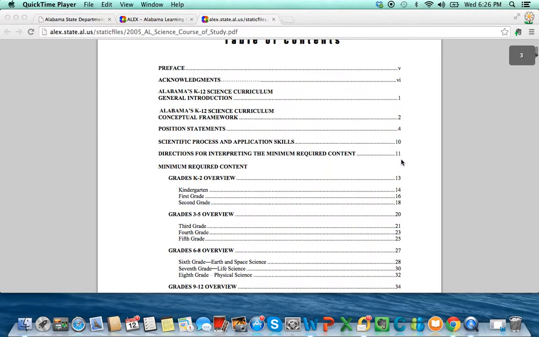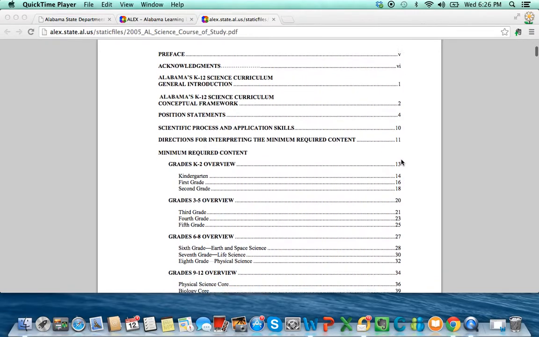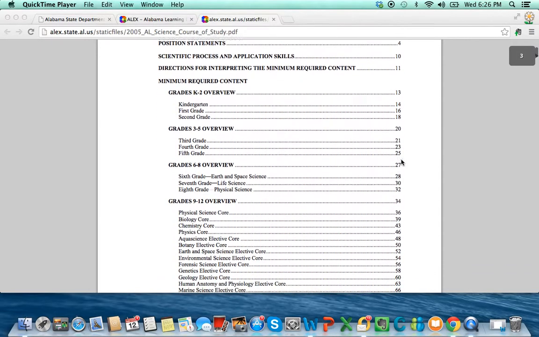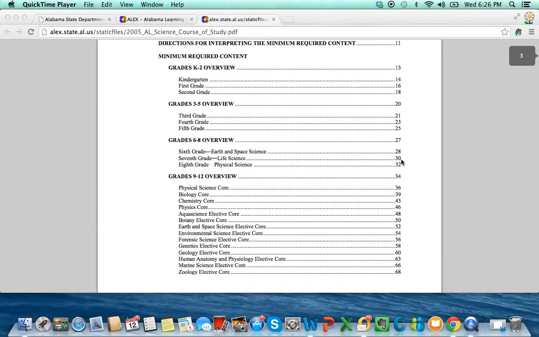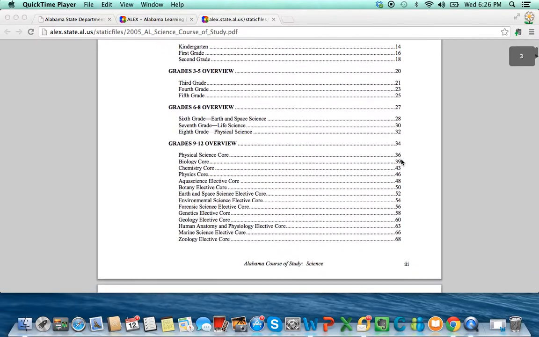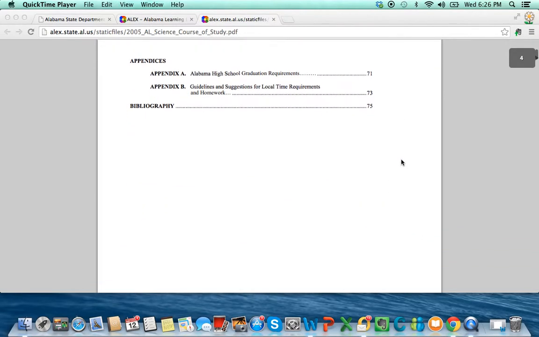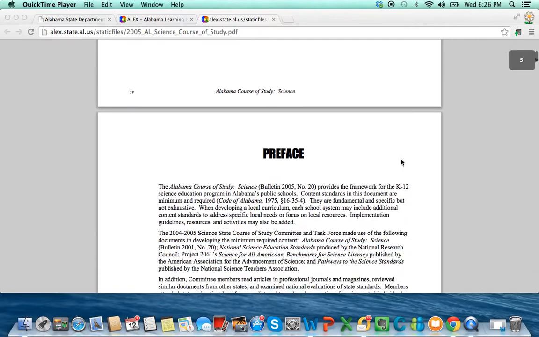We will then stop on page 11 to look at what the current requirements are for students in Alabama high schools as far as science is concerned in order to receive a diploma, and talk a little about the anticipated changes to that. And then we will actually go in and look at the actual standards for grade levels or for specific subjects. So I am going to just kind of go through the document so you can see.